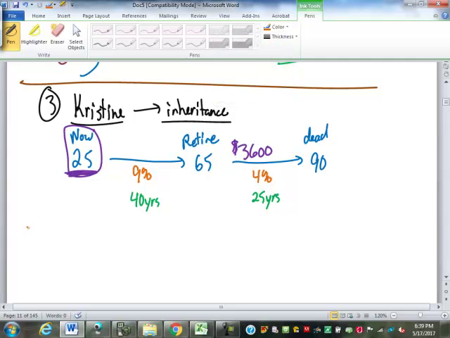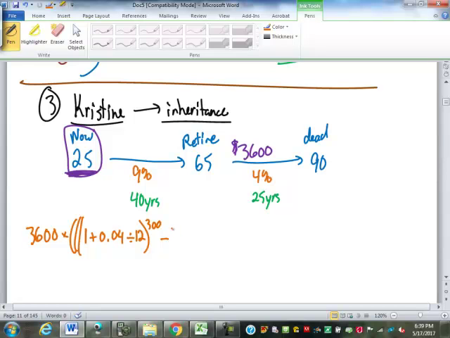So our first half here, we're still going to take the 3,600 times our 3 parentheses. What's going to go in the parentheses? 1 plus 0.04 divided by 12. I'll help you with that. 300. 25 times 12 is 300.